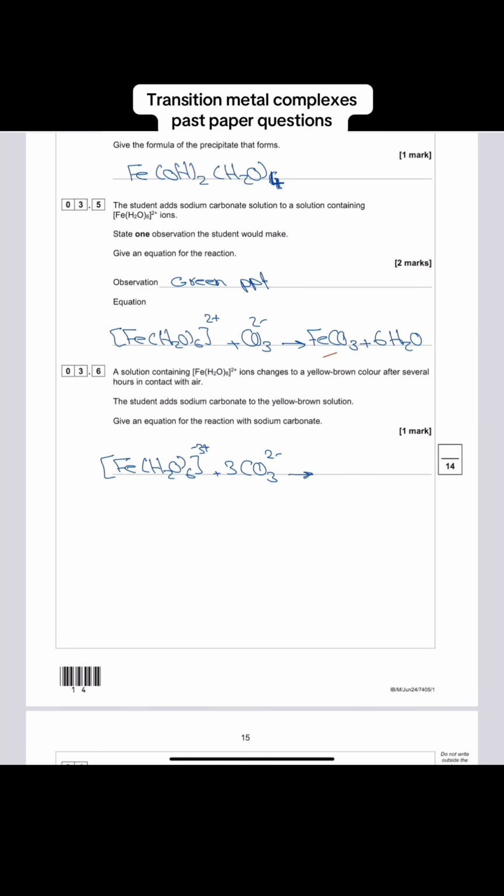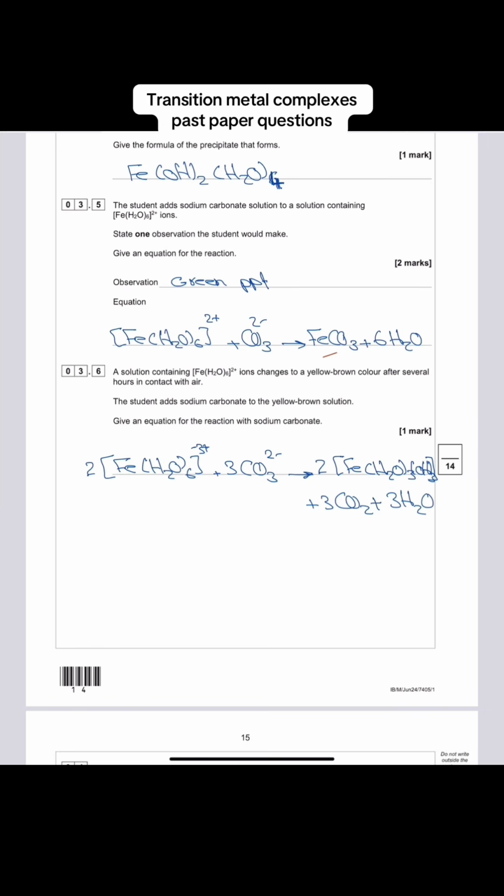That will give you 2 of the iron, so you can balance the equation. So 2 Fe(H2O)3(OH)3 plus 3 CO2 and 3 water molecules.